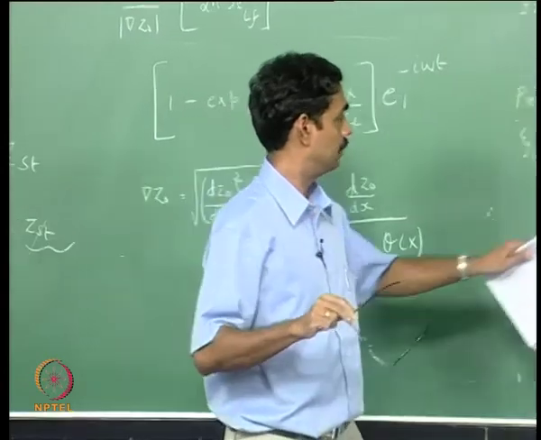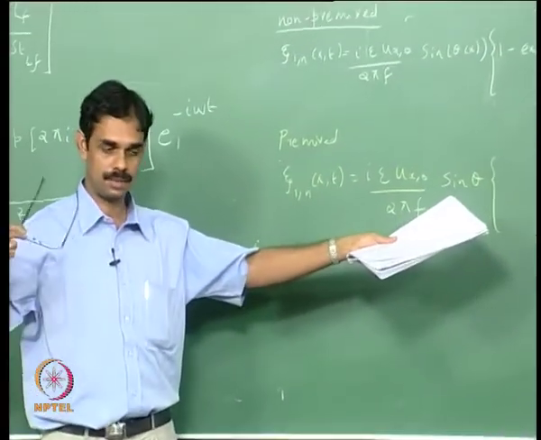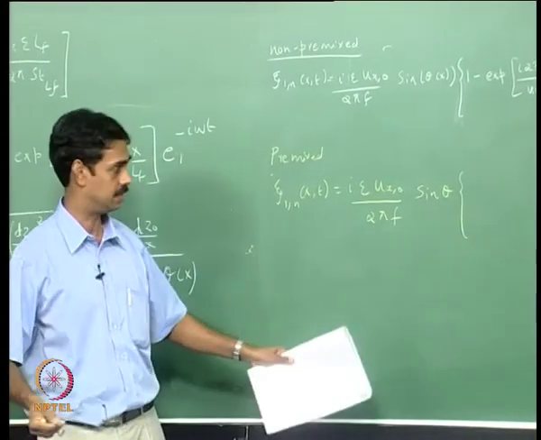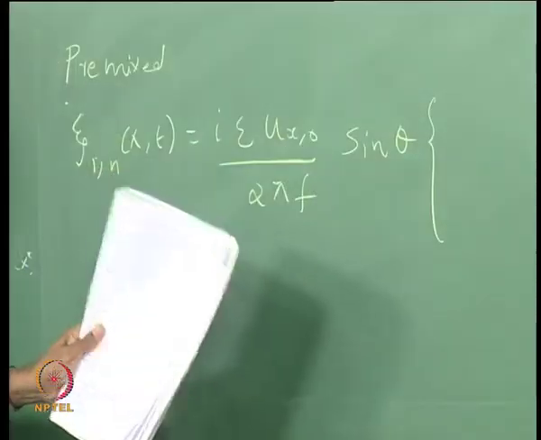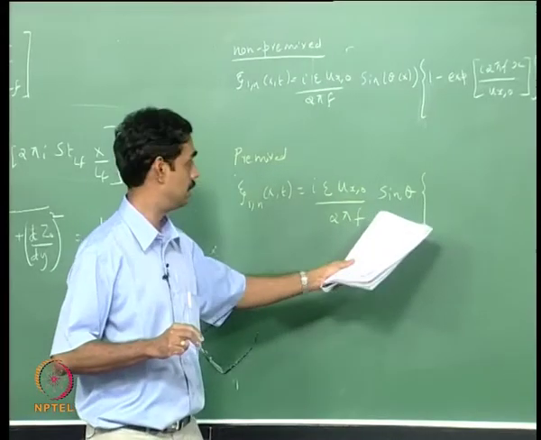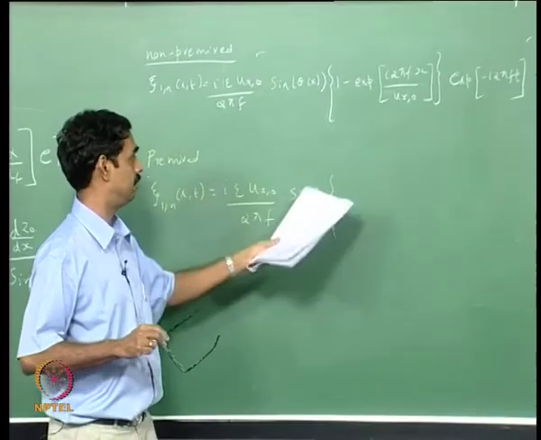Now if theta has to vary, either the flow speed has to vary with space or the flame speed has to vary with space. If those things are not happening, as we had assumed in our earlier derivation, then theta should be a constant. That is why I emphasize theta of x here, whereas this is just theta.